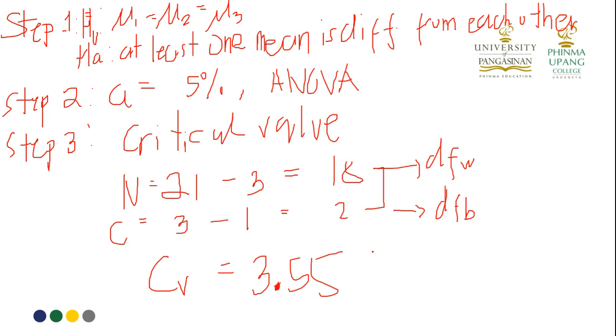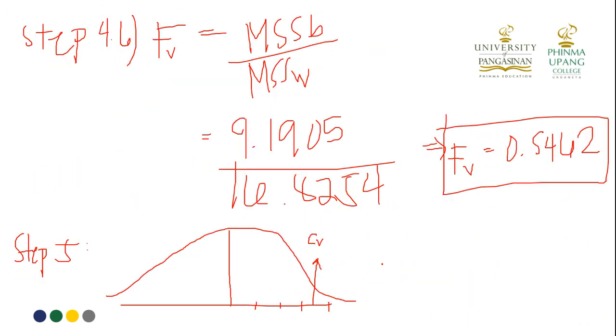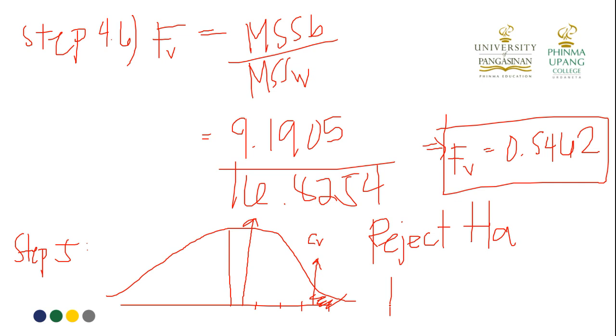Tapos, yung ating rejection area is nandito. Then, 0.54 is nandito sa kalahati ng 1. So, reject. Sinong i-reject? Alternative. Very good. HA. Accept. Sinong accept? HO. Okay, that's all for module number 24.